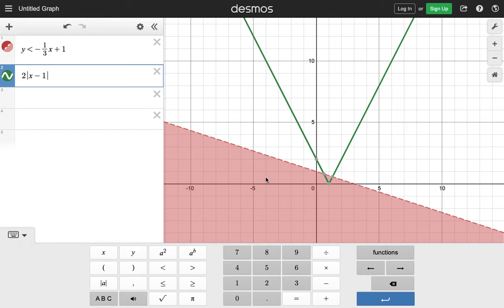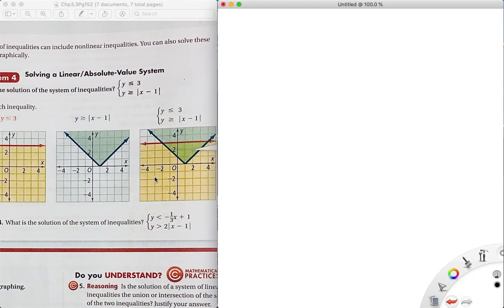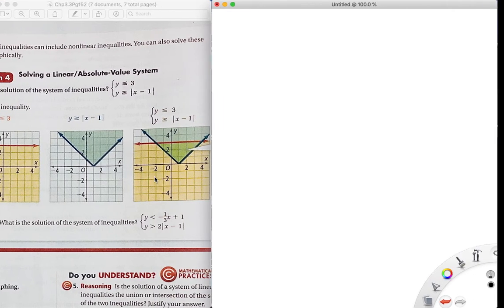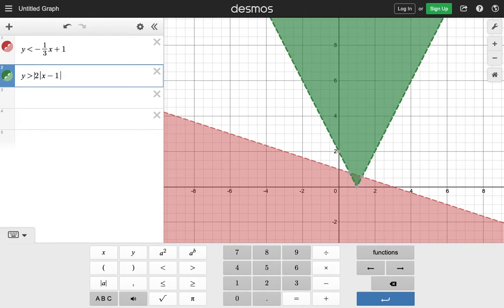So y is greater than, there we go. So here's our intersection. This is 0, 1.